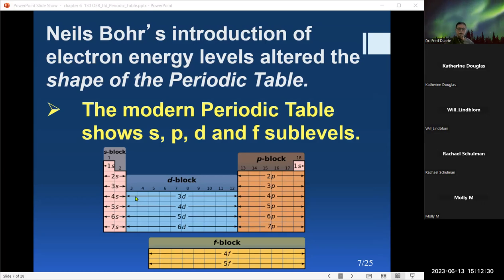The D orbitals are actually one energy level less than the energy level that they're physically in. So that's why you got 3D and not 4D right here, and so on down the road. And for the F block, there are actually two energy levels in. And so instead of having 6F, this is really 4F and 5F, respectively. Okay.